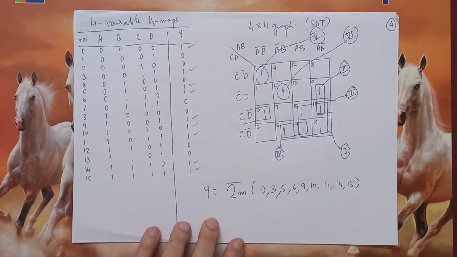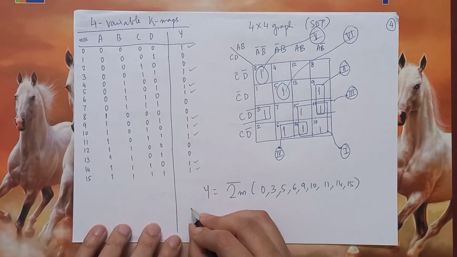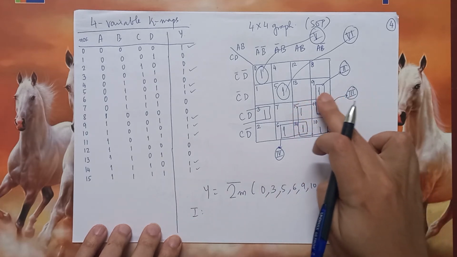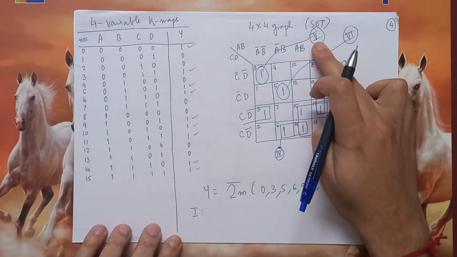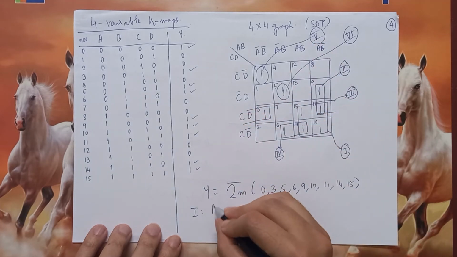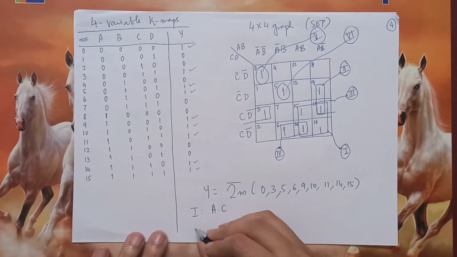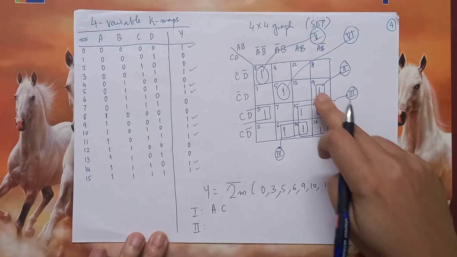So now, what is the term corresponding to group number 1? The common variables are A over here and C over here. So that is A dot C. Group number 2 is here.